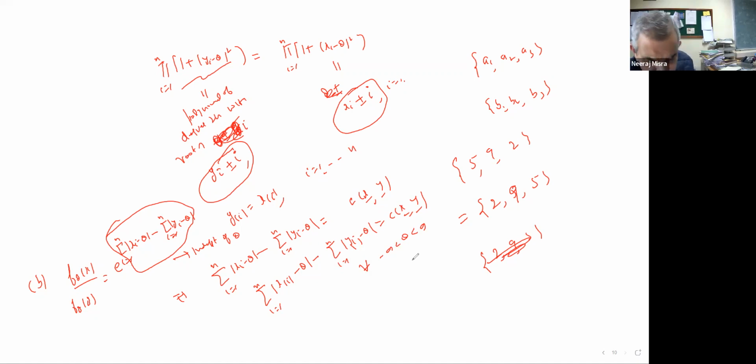So suppose order statistics are not same. First I'll prove that x1 is same as y1. Suppose x1 is not same as y1, and without loss of generality you can take x1 to be less than y1, right? So what happens? X1 is over here, Y1 is over here, and for every theta you have this quantity.